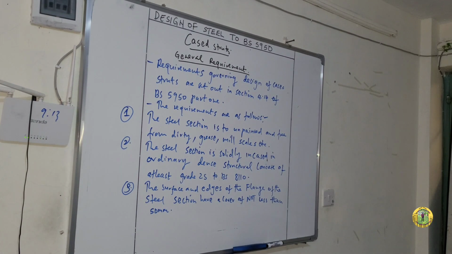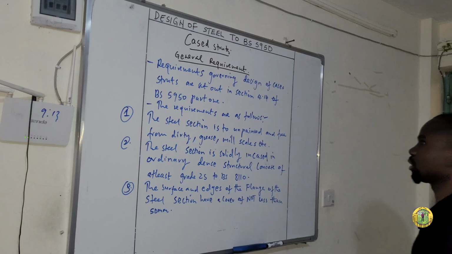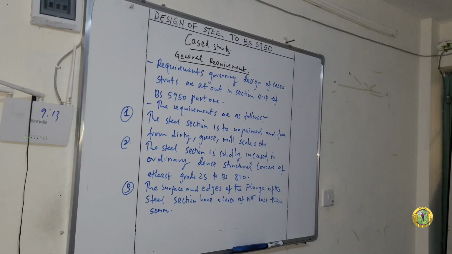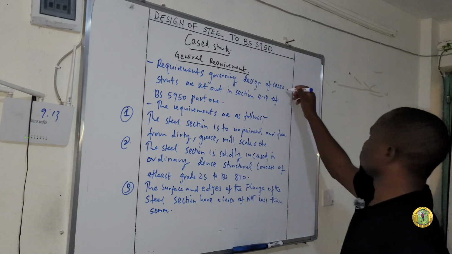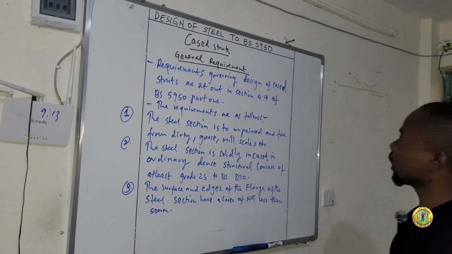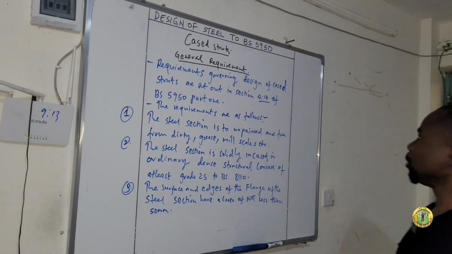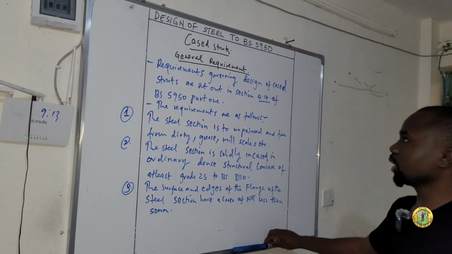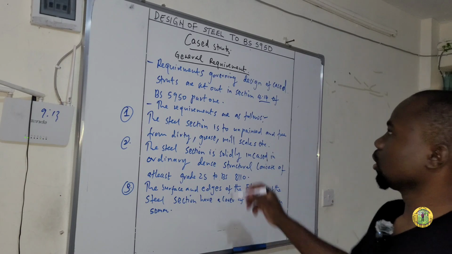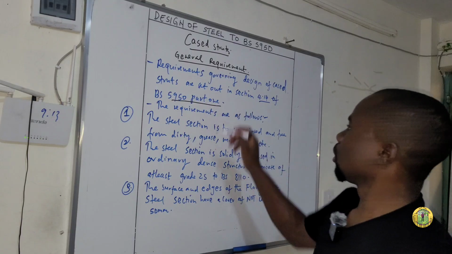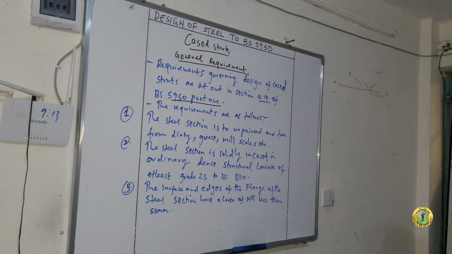So let's talk about the general requirements for cased struts. The requirements governing design of cased struts are set out in section 4.14 of BS 5950 Part 1. The requirements are as follows.